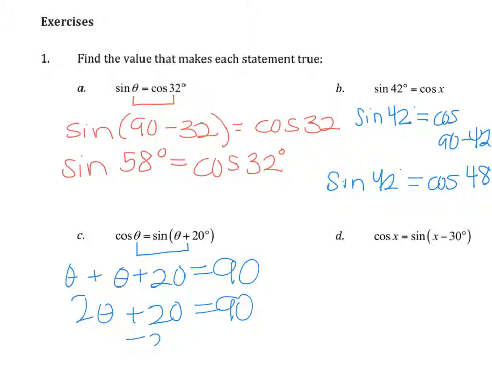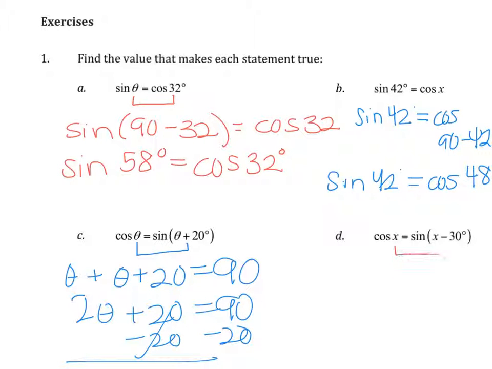My two-step equation: subtract 20 from both sides, drop to 2 theta, and divide out the 2. In effect, I get 35. So cosine of 35, I'm going to substitute the values in for theta now, is equal to sine of 35 plus 20, which is equal to 55.